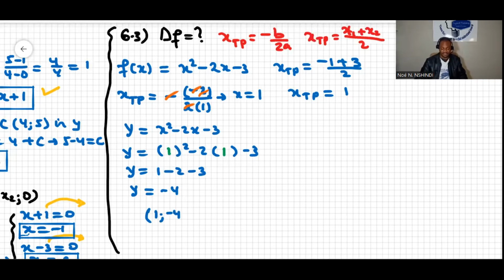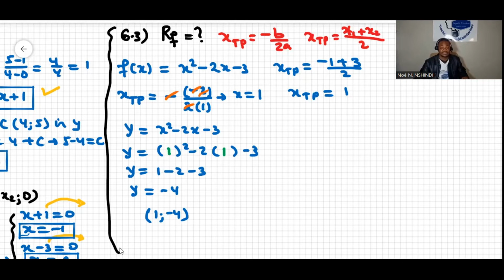But in actual fact, when we find the x coordinate of the turning point here, we then find the y coordinate of the turning point. Remember this -4. Excuse me, I meant to write this symbol, the range of f, not the domain, but the range of f.